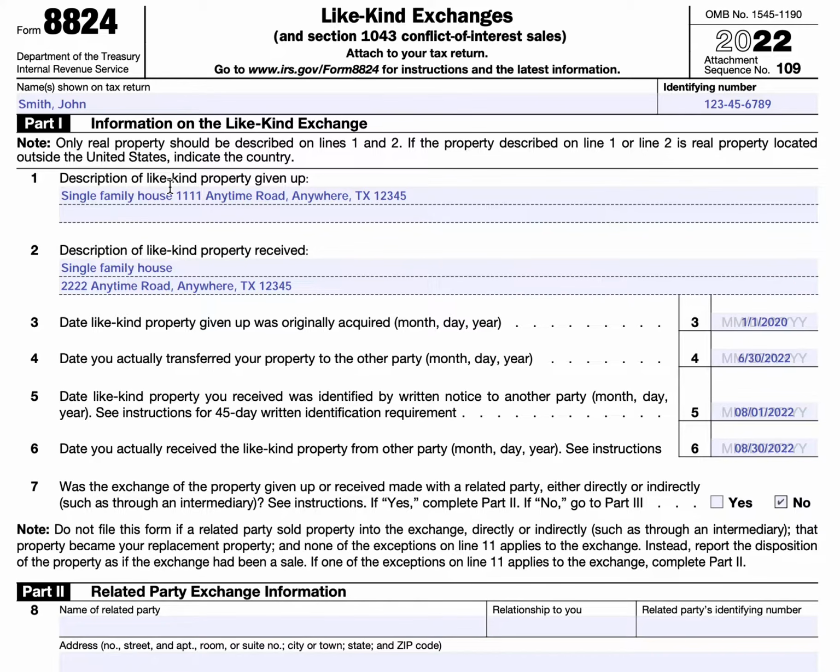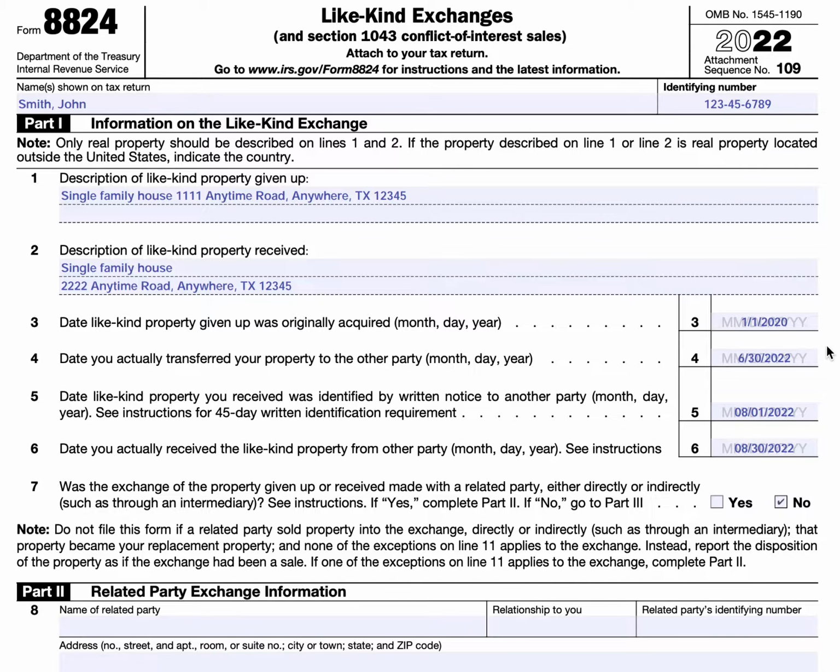So in line 1, we just wrote a generic description, single family house, and then the address of the property that we gave up, and then the description of the property that we received. So in John's case, we exchanged a single family house for a single family house down the street, and entering the dates of transactions.